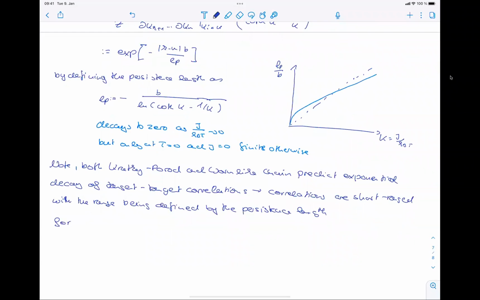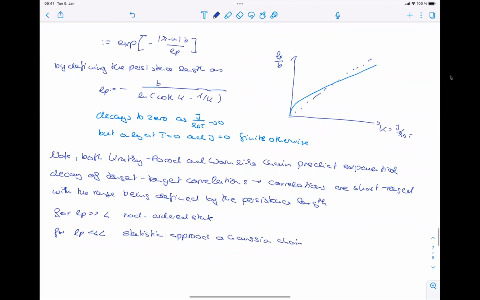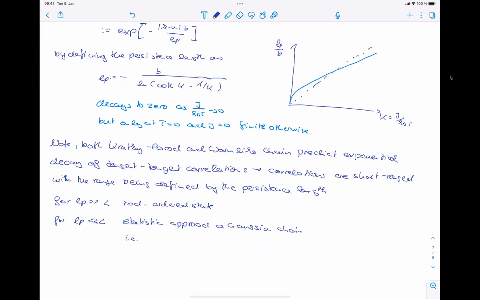And so we discovered that for L_P bigger than L, the length of the polymer, we expect rod-like behavior in an ordered state. And for L_P smaller than the length of the polymer, our statistics approach a Gaussian chain, which is in a sense a fixed point.